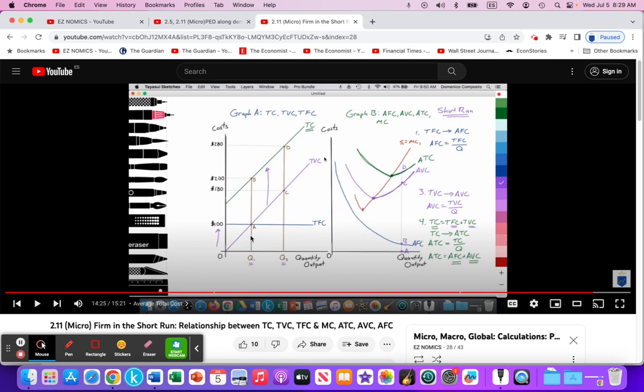Just for review, total fixed costs are constant. So in this graph, that fixed cost might be rent. Maybe you're paying $100 of rent for a commercial space, and it doesn't matter whether you produce 1 unit of output or 10,000 units of output. There's no impact on the fixed cost of rent, so it is constant regardless of the quantity of output.